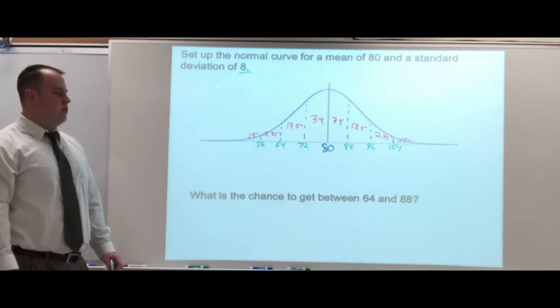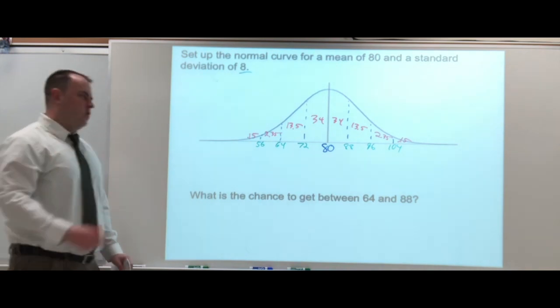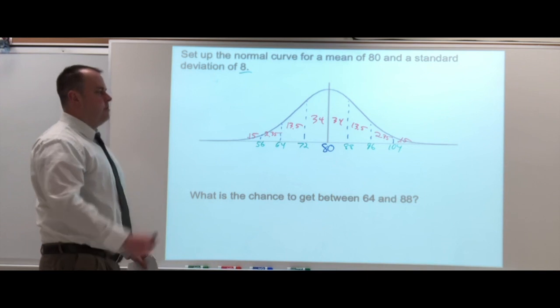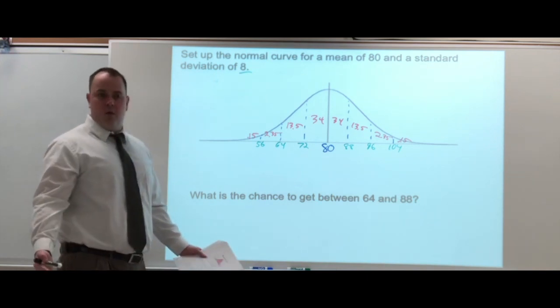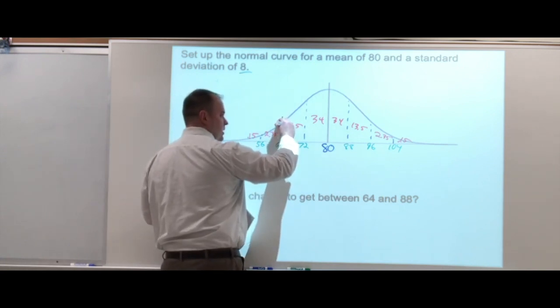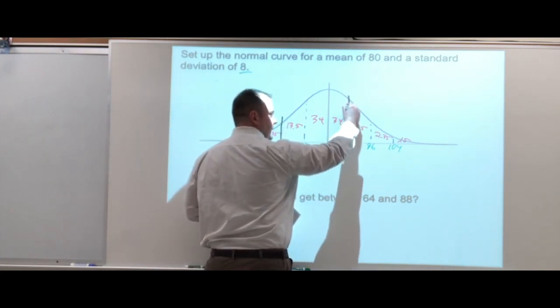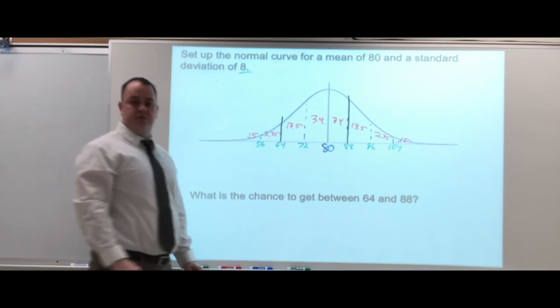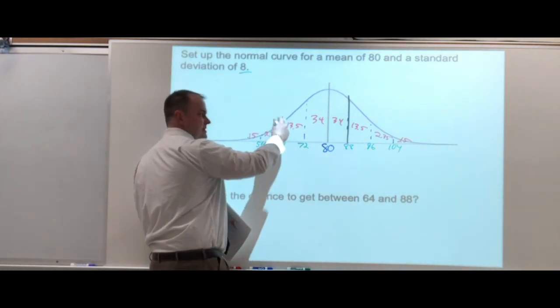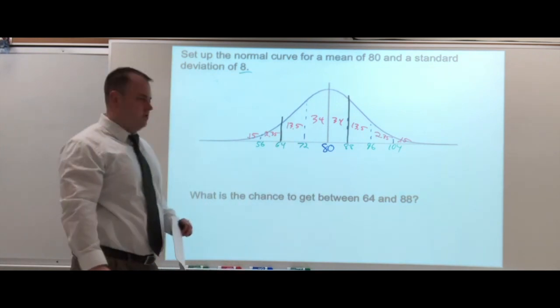What is the chance you get between 64 and 88? So if we randomly select someone from our population, what's the chance that they fall between 64 and 88? And it's going to depend on what you're talking about. The way you should look at this is find your 64, find your 88. And we're looking in between those two sections. These values represent the line, not the section, but the line separating those two sections.